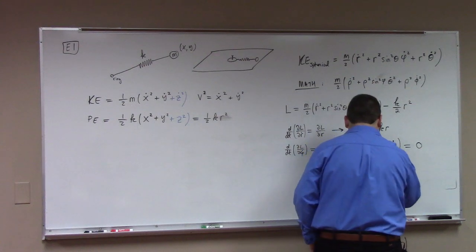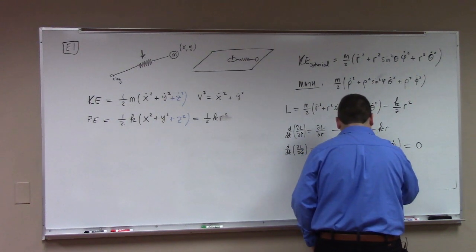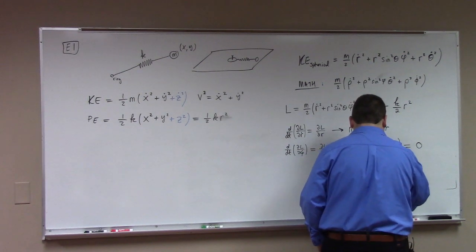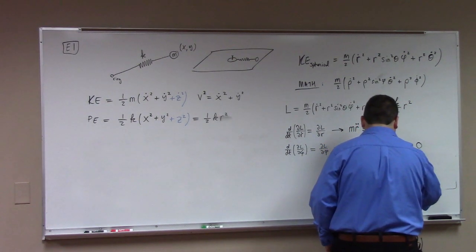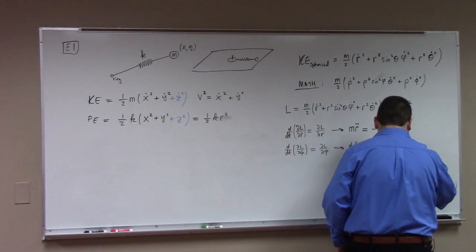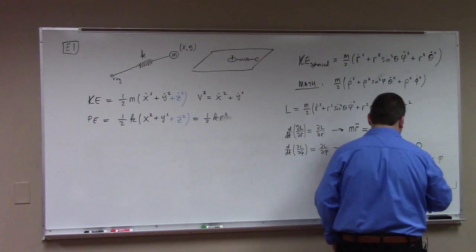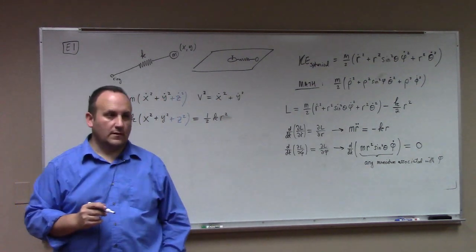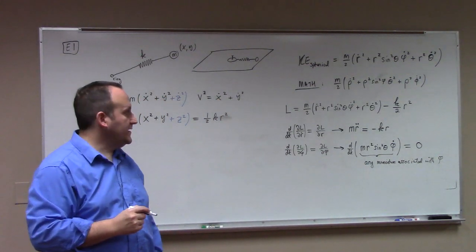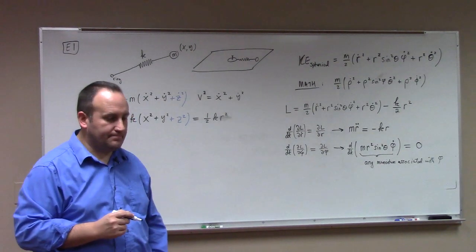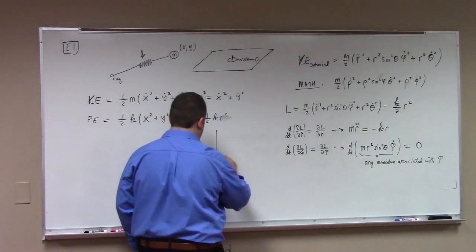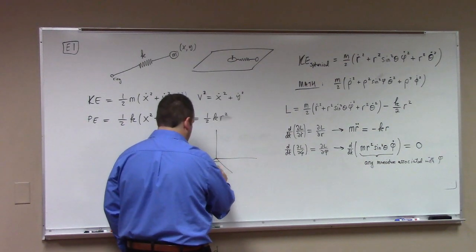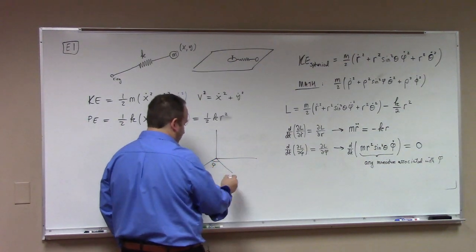So by the way, this is the angular momentum associated with what? With phi. Now here phi is, if I could draw it, phi is sweeping in a horizontal plane, right?